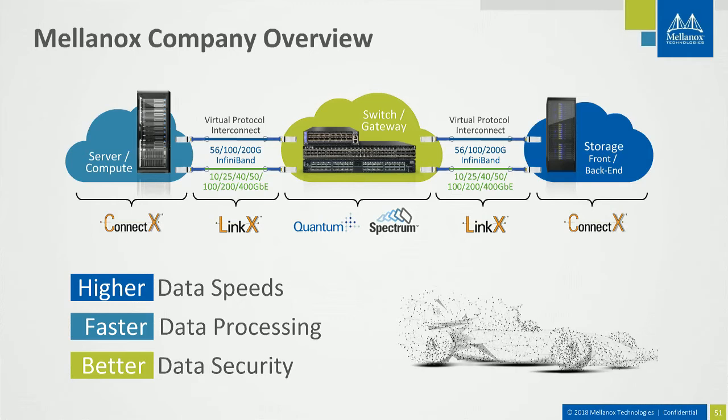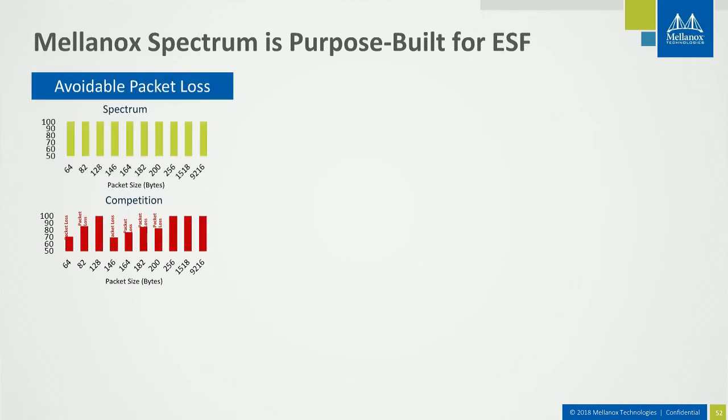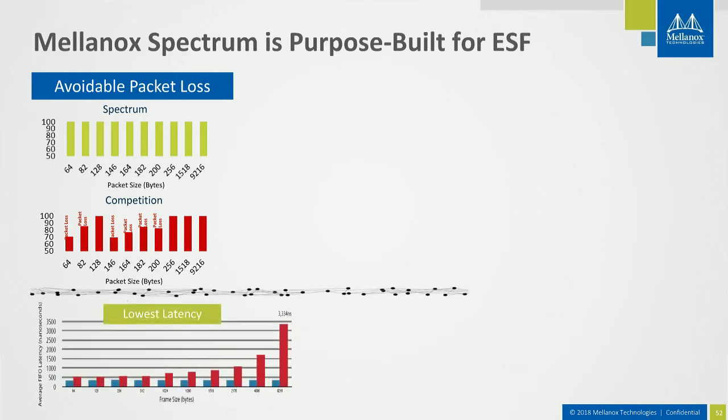And that is where the unique advantage of Mellanox switches comes from. In the graphs on this slide, we see that the Mellanox switch provides zero packet loss across the speeds, regardless of the frame size you configure. It also delivers very consistent and low latency from port to port, around 300 nanoseconds, again regardless of speed and frame size.